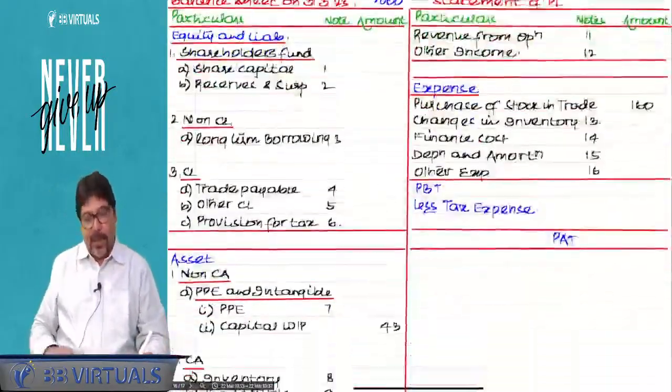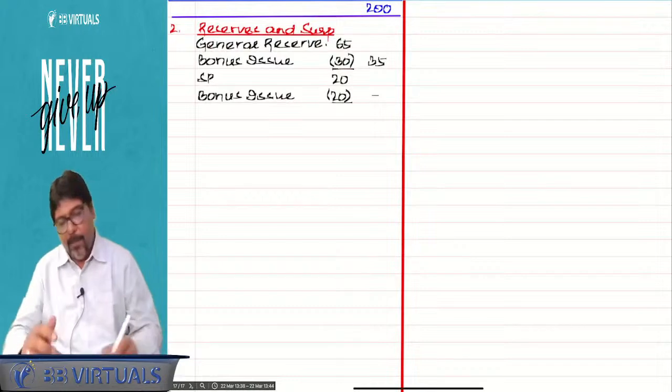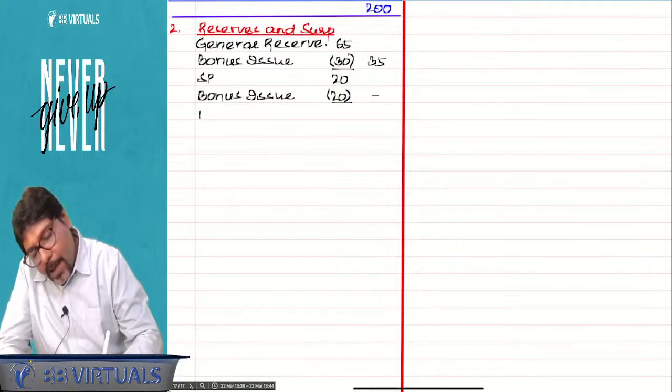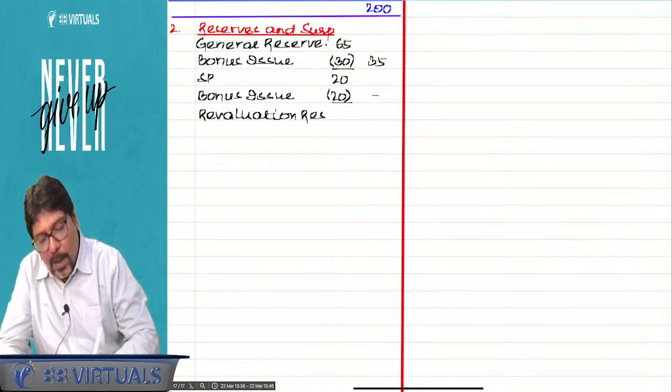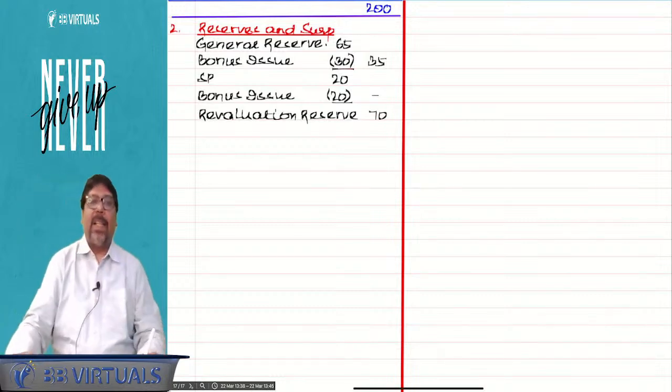Then we have got new reserve. Revaluation reserve, 70 rupees, addition. Revaluation reserve. How much? 70.